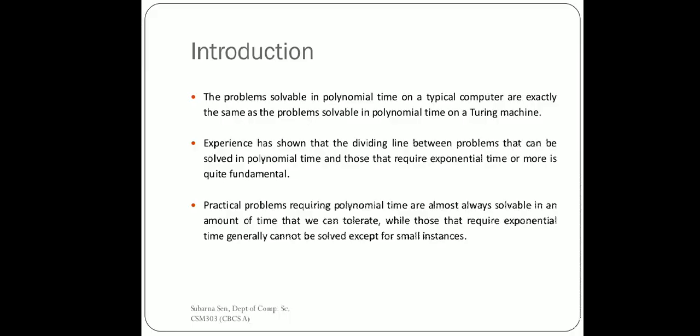Fine. So the problems solvable in polynomial time on a typical computer are exactly the same as the problems solvable in polynomial time on a Turing machine. So far you have seen that we have implemented various algorithms on a computer, and if we had to map those algorithms to run on a Turing machine, the time consumptions are the same.